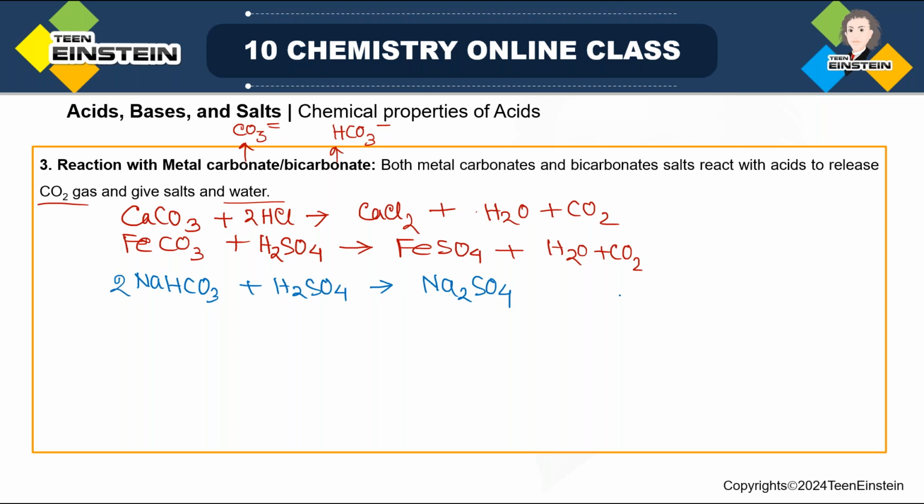And the rest of the part is H2O and CO2, but in this case just check whether it is balanced or not, because on the left hand side you have 4 hydrogens, so it will be 2. Okay, this is also 2, right? 2 carbon. Just check the oxygen.